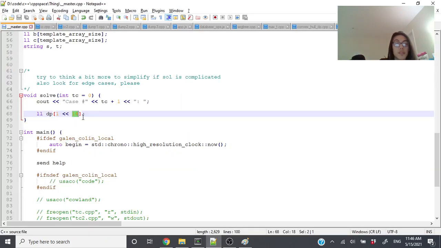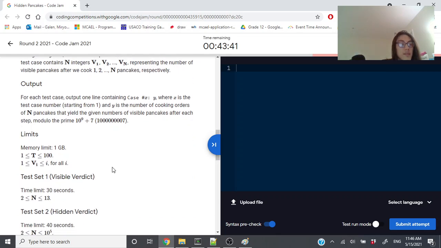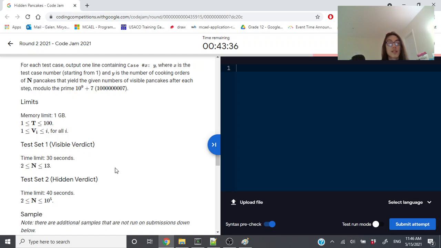Wait, actually, how does this work? How do we even do bitmask DP? We definitely can't enumerate all permutations. N being 13 means 2 to the 26. It's kind of close.